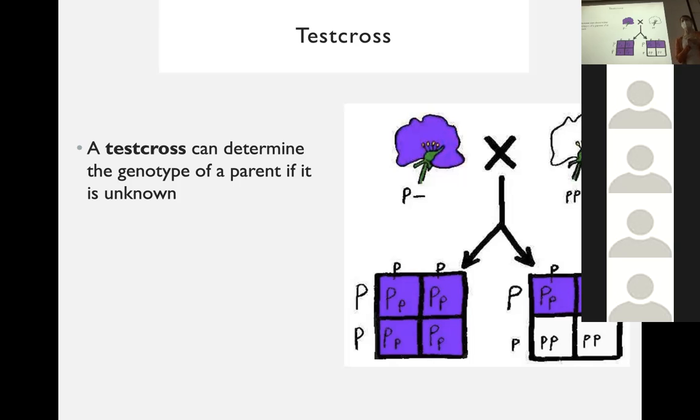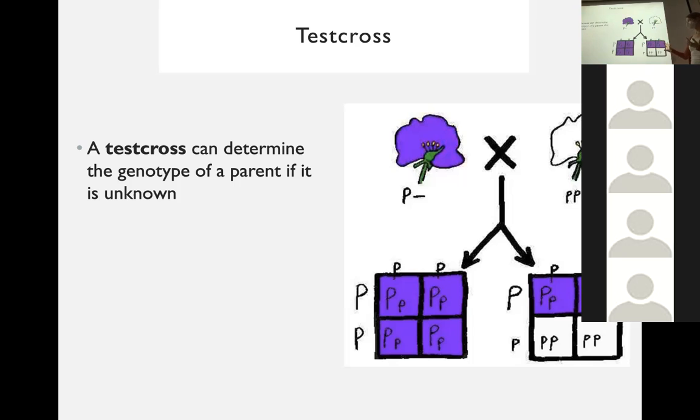You're just testing to see what the offspring ratio is going to be. If this parent had only big P's, you wouldn't get any white offspring, right? Because you don't have any possibility of getting two small p's, because the purple parent is always donating a big P. So you'll have all heterozygotes, so they'll all be purple.